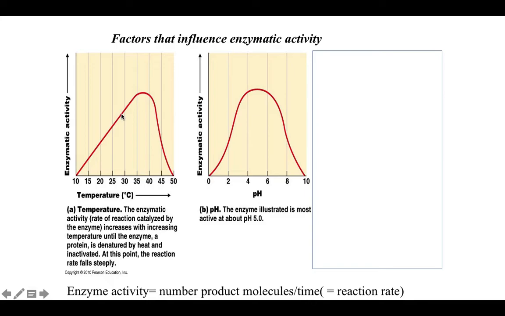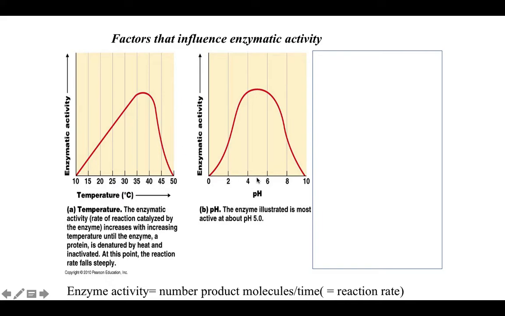So we're going to have more collisions between enzymes and their substrate. So we'd expect that the enzyme activity, the end products per second, would increase. And then we said it reaches this optimal temperature, and then wow, activity goes way down. And this is because the enzyme is denaturing.